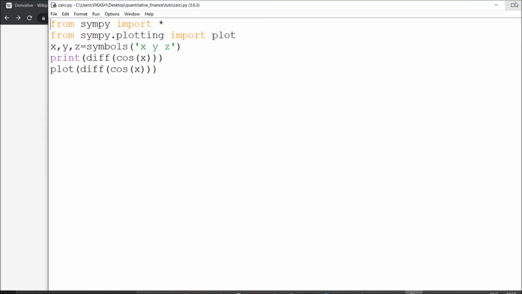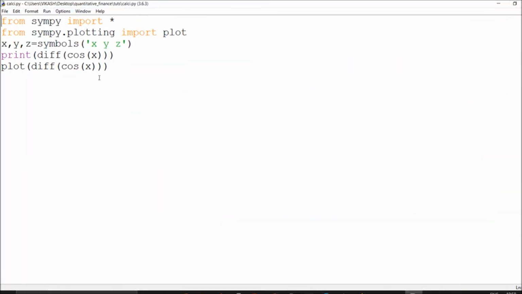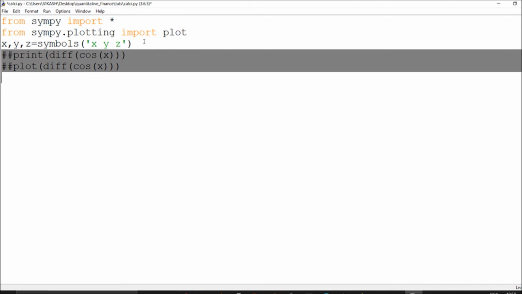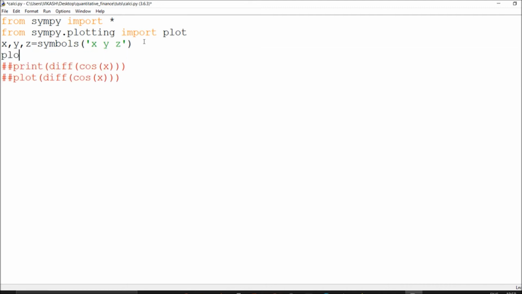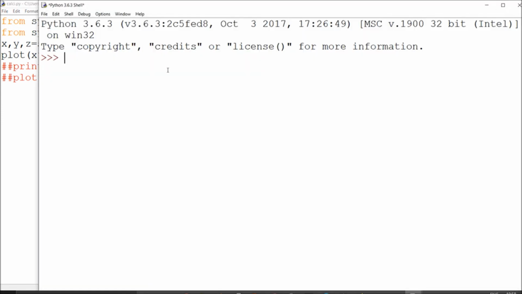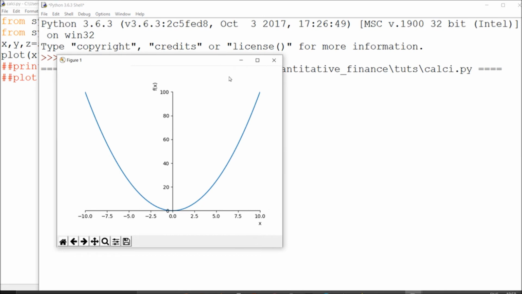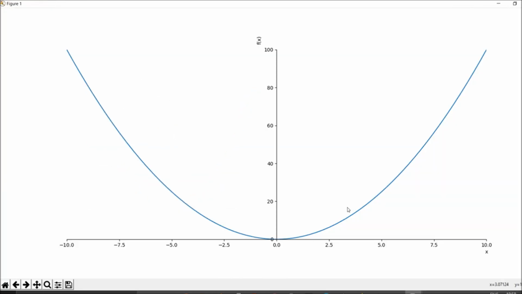I've already shown how you can plot and take this, so we'll straight away try to take this plot itself. Let's see. If you need to define x square, you define it in this way. So this is how you differentiate.